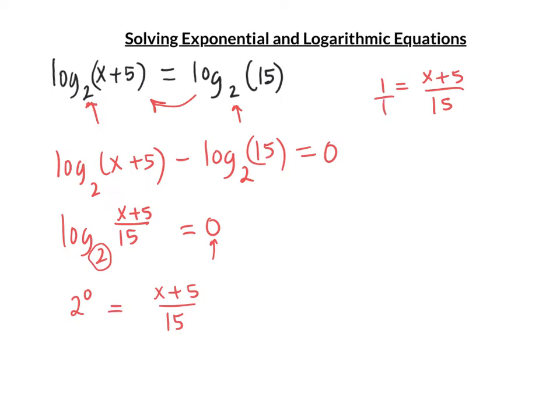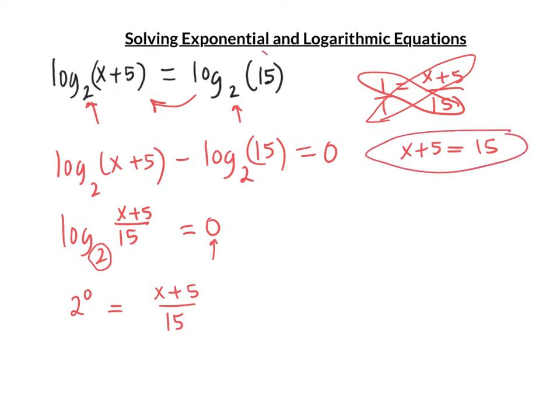Let's put that over 1 and cross multiply. 1 times x plus 5, x plus 5. 1 times 15 is 15. Oh, look at that. x plus 5 equals 15. Subtract 5 from each side, and x equals 10.